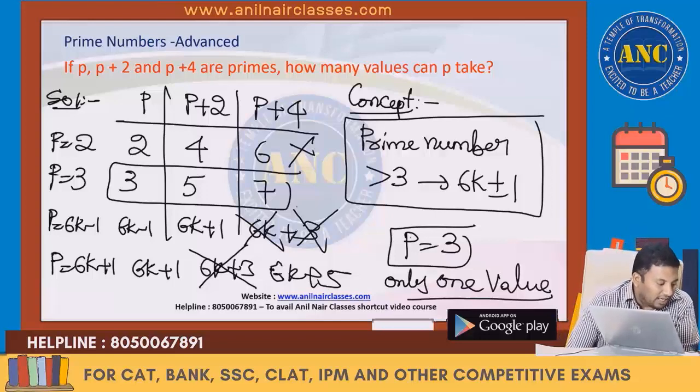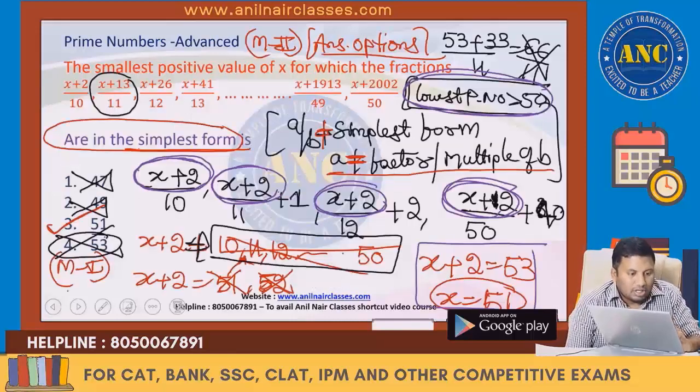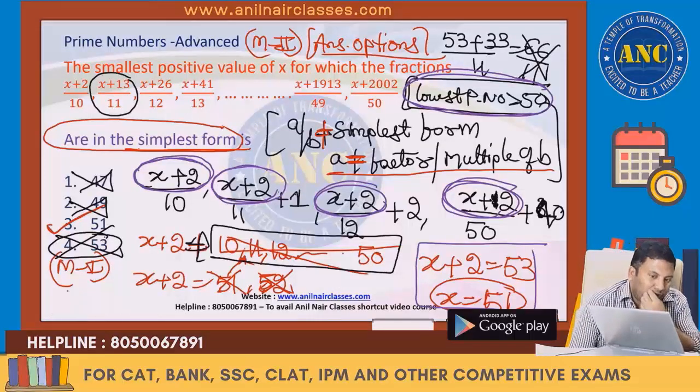If it is clear, kindly reply. Sai Kiran, please see this one. There are only 4 options: 47, 49, 51, 53. Out of these 4, what is the smallest value that he is asking?